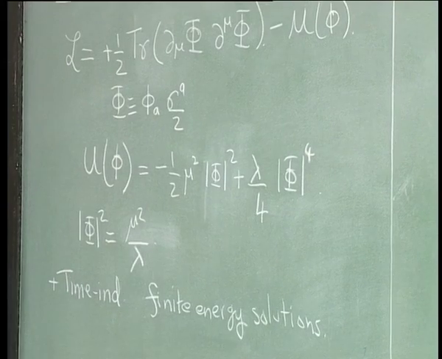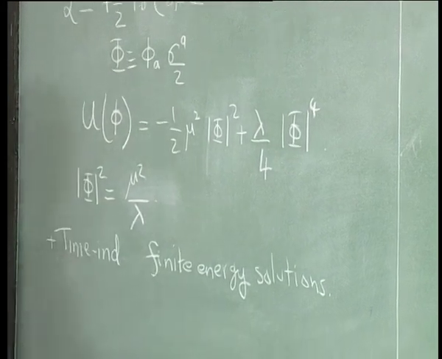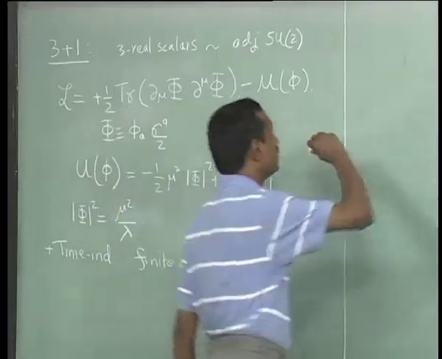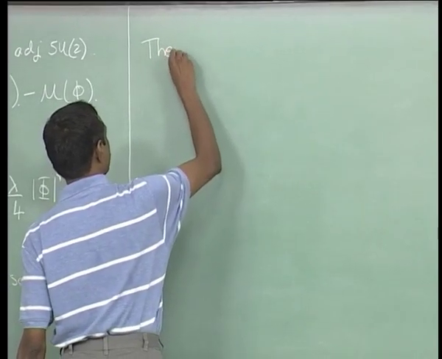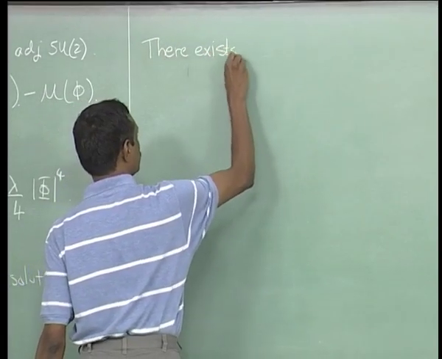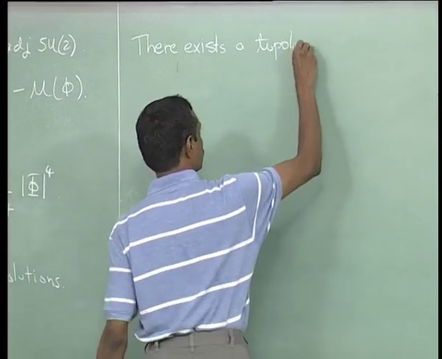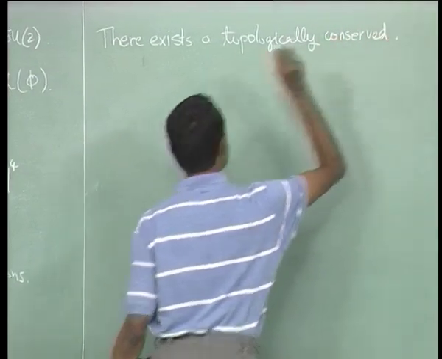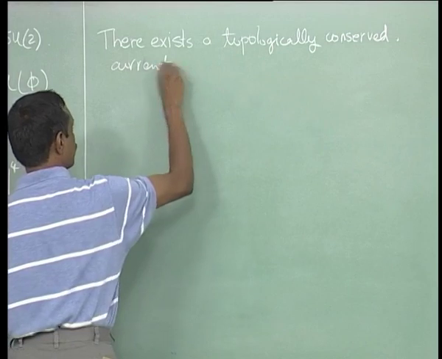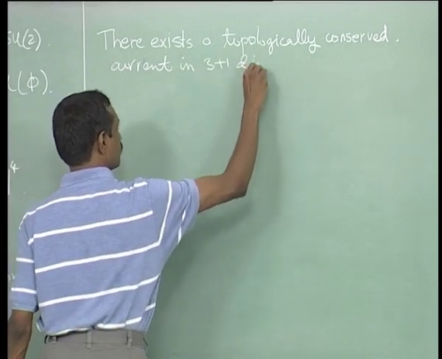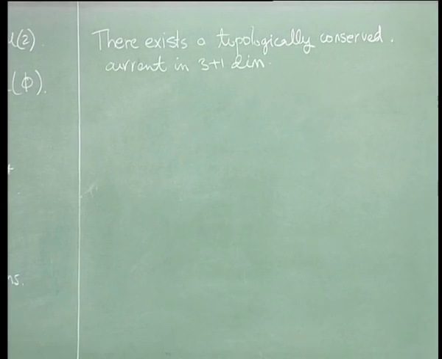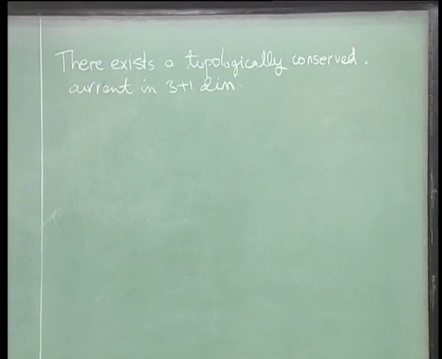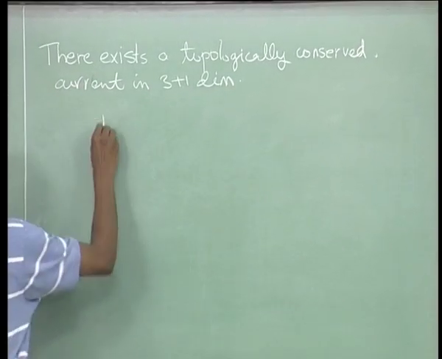These cannot exist, but before we get to this, we will see that there is a topologically conserved current. Okay. So, in other words, by this I mean something which is conserved without using equations of motion.